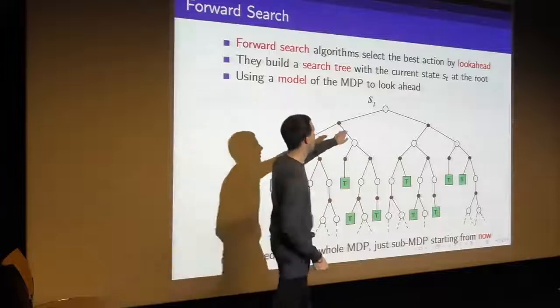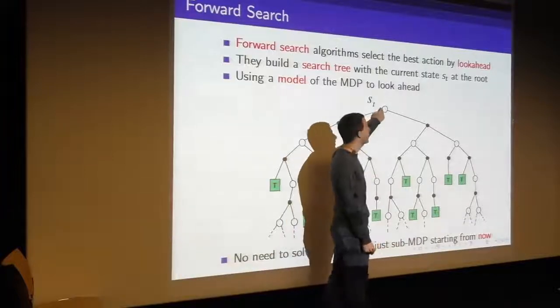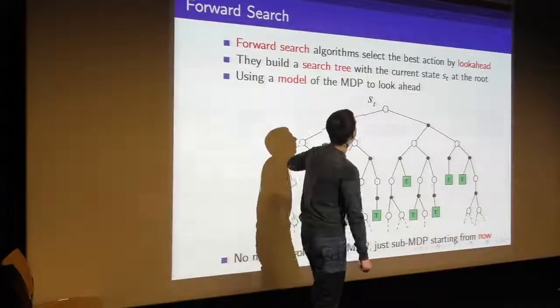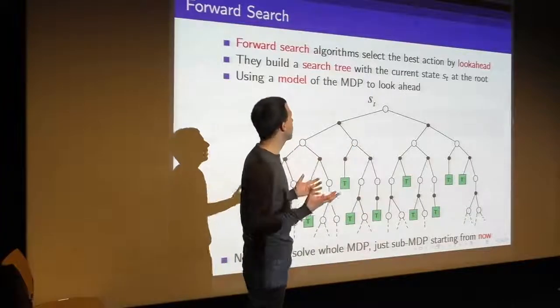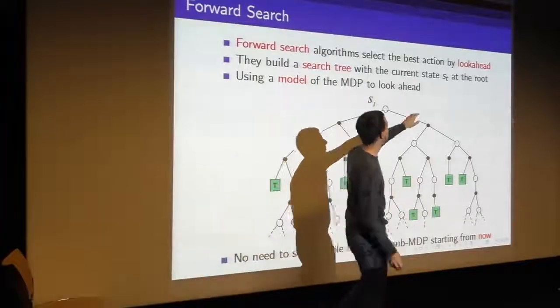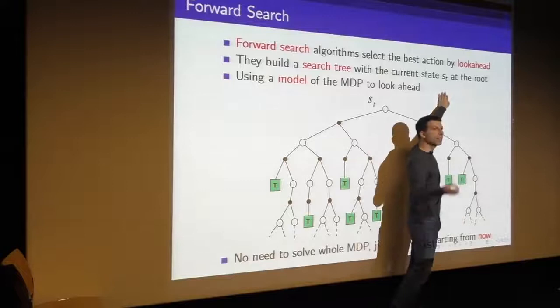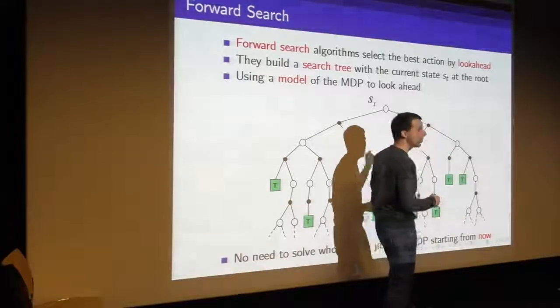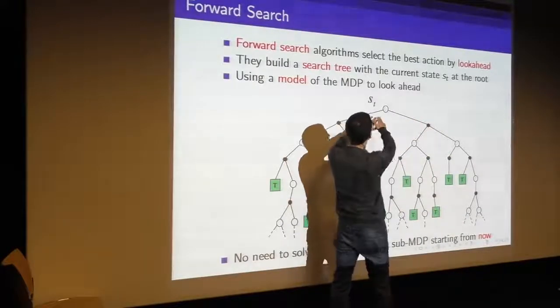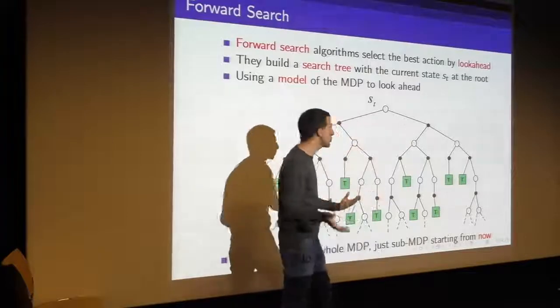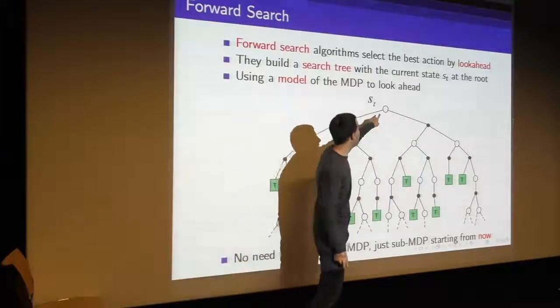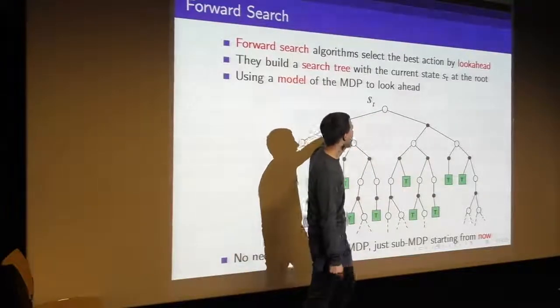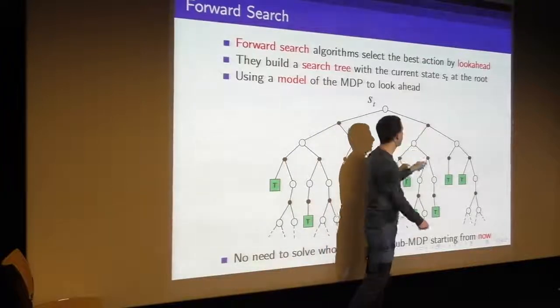You start at the state you care about. This is now, our state S_t. We're going to build a search tree with this current state as the root, our moment that we're in, at the root. And we start to do look ahead, where you could do this exhaustively. You could say, let's start in this state and build a search tree that says I could take this action, I could take this action.